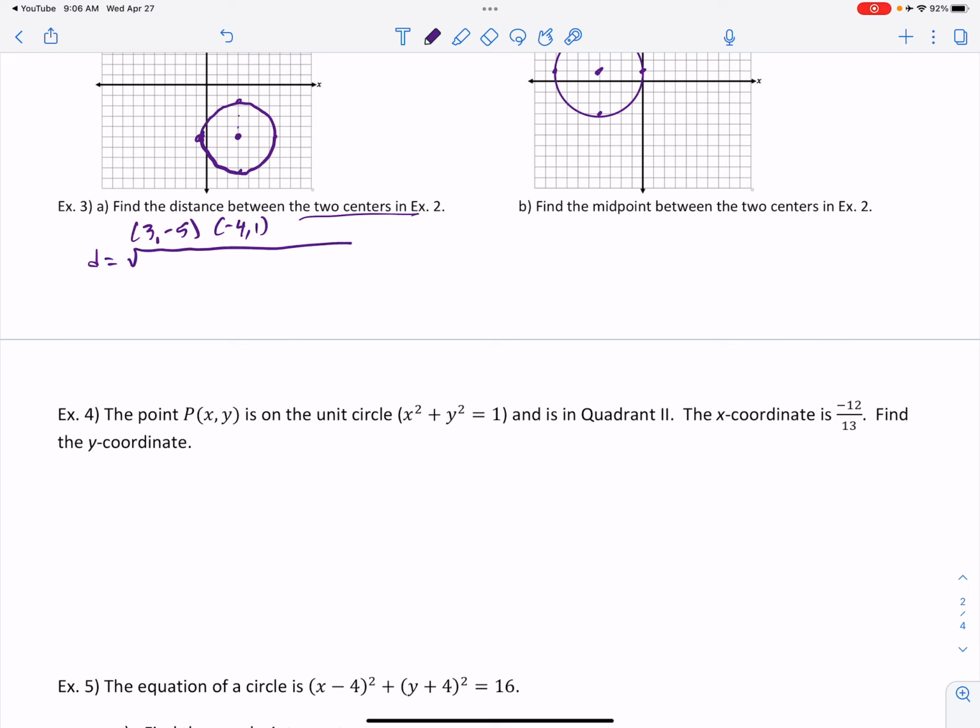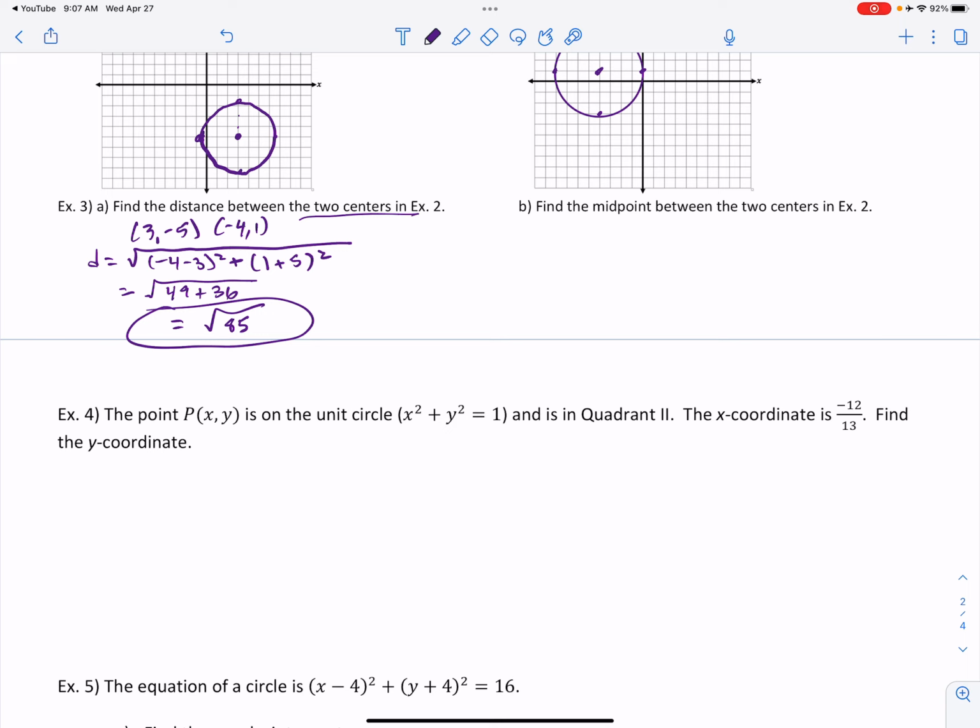And it's the change in x squared and the change in y squared. And we get 49 plus 36, which is the square root of 85. And that doesn't simplify. It's like 5 times 17, which are prime numbers. So that's it. That's the distance.